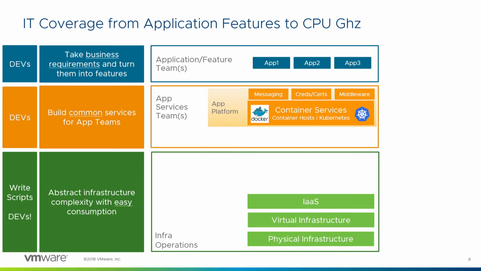They're also developers as well. If the infrastructure operations team is not providing a service that's easily consumable, then that application services team may go out to the public cloud for these basic infrastructure type services. Of course, the public clouds also provide additional services. So the application developers may be going to the public cloud for some more of these advanced abstractions.